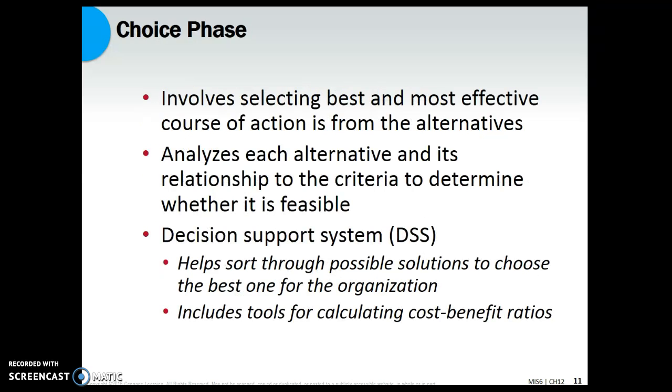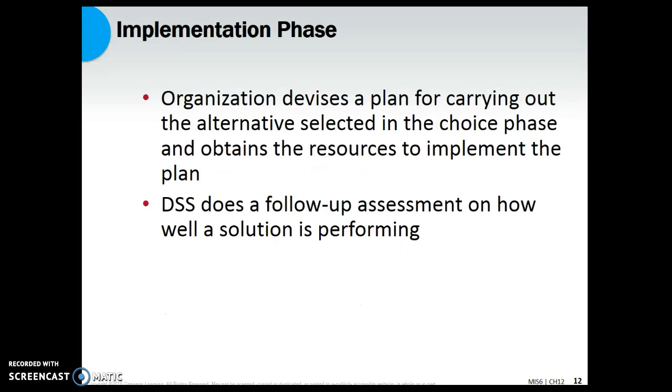In the choice phase, it's selecting the best and most effective course of action, analyzing each alternative, and then the decision support. So how are you going to help support the decision that's made in the information management system? And then in the implementation phase, you carry out that plan.